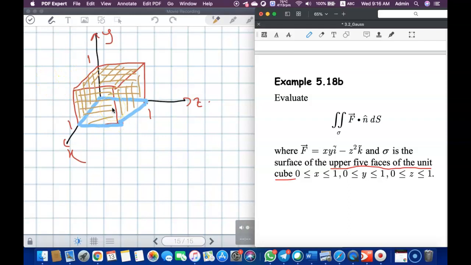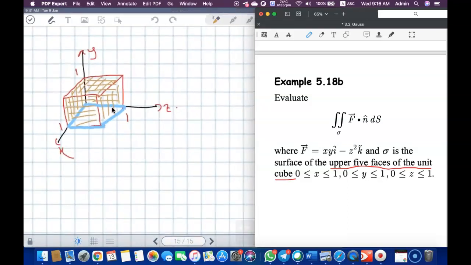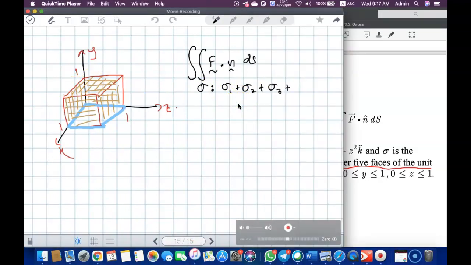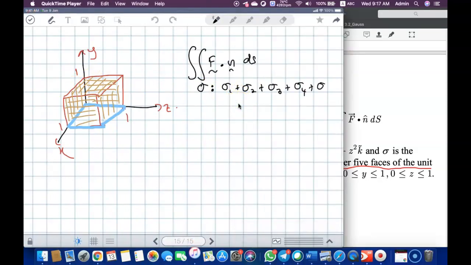Okay, so in this case, if you want to use a direct method in order to obtain the surface integral, your surface is the combination of surface 1, surface 2, surface 3, surface 4, and surface 5.